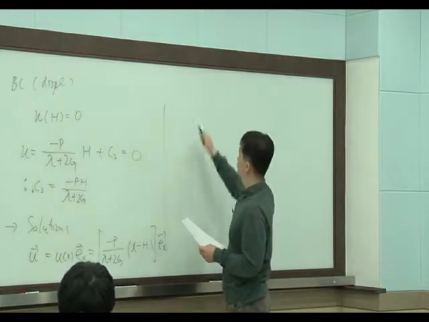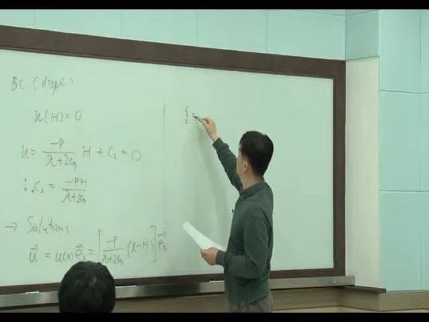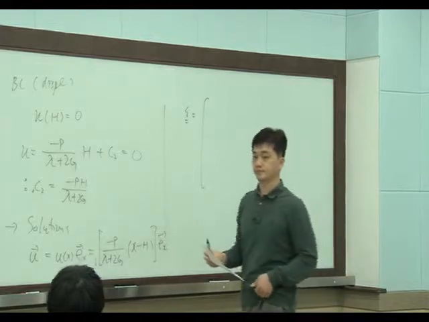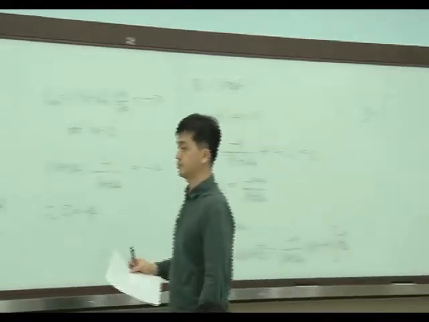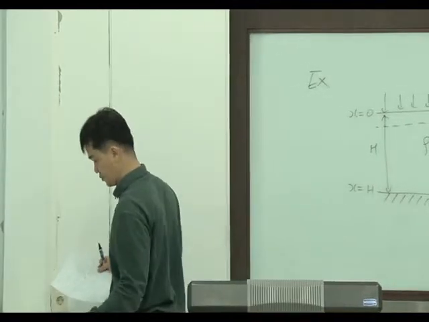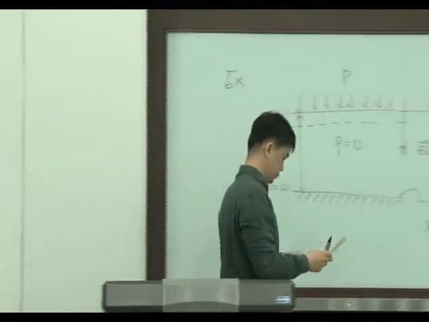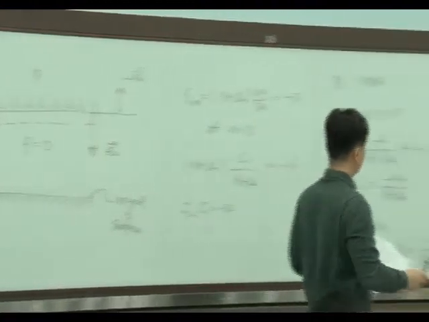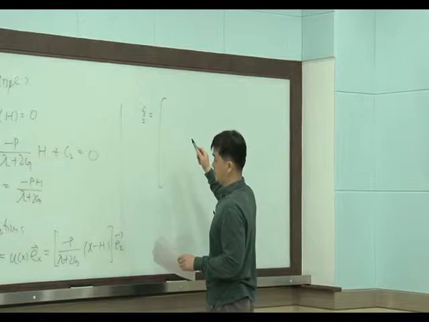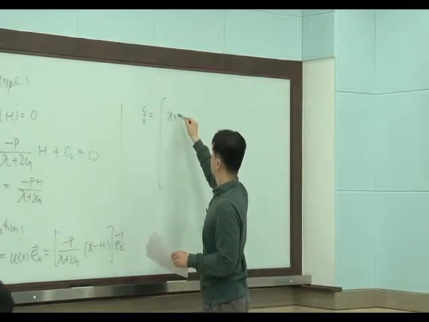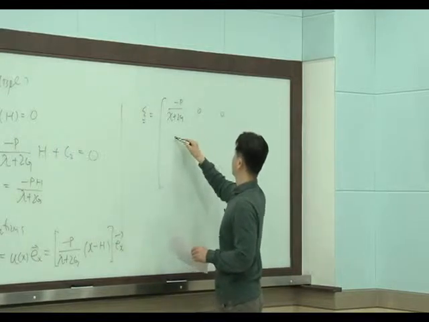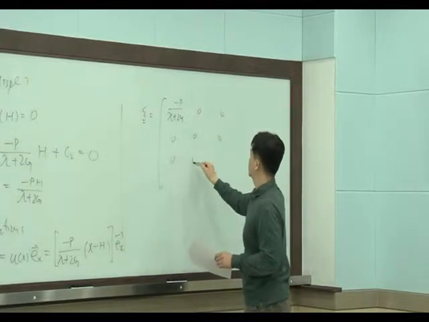And of course you can find strain. What's the solution for strain? Strain XX equals minus P over (lambda plus 2G), and all other components are 0.